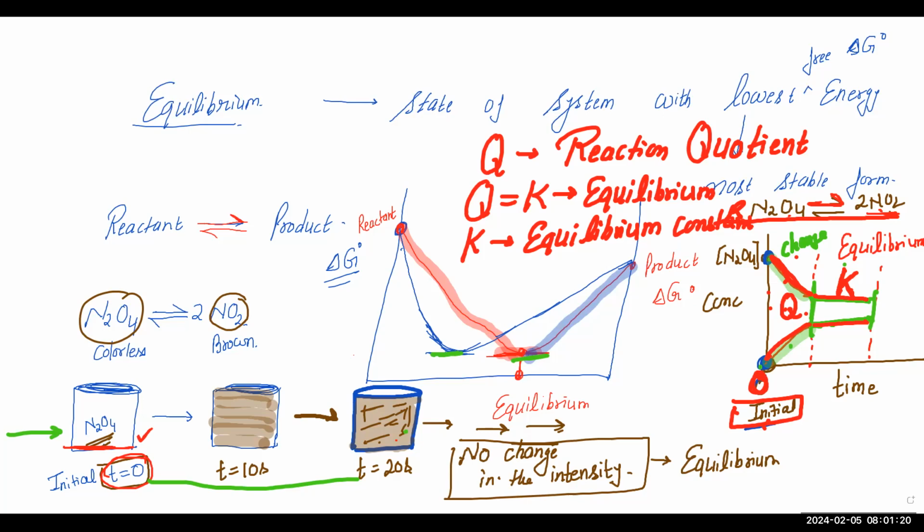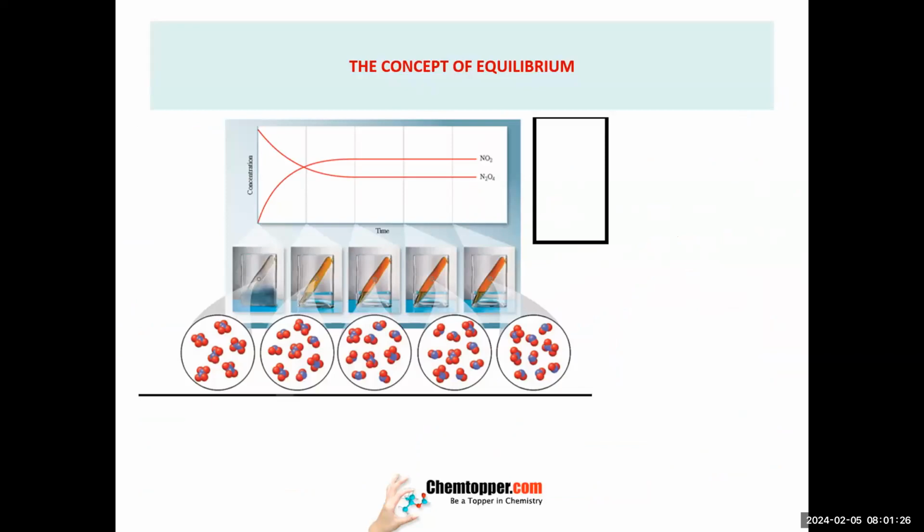Now I'm showing you this on the presentation. Same example, right? And you can see here, we started with colorless, no color. So this is N2O4.